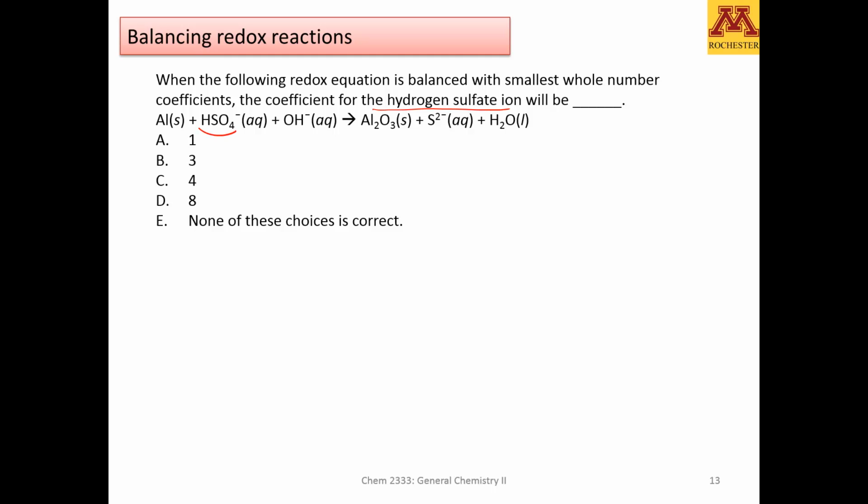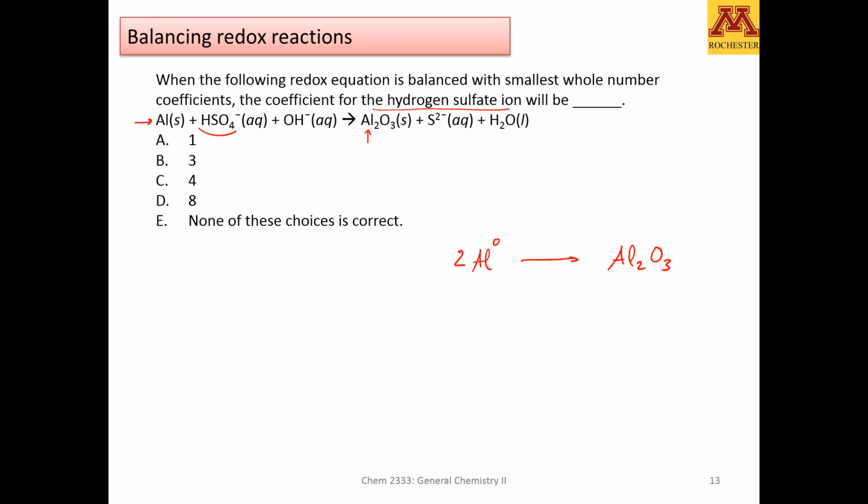So first, let's identify what is the reducing half reaction and what is the oxidizing half reaction. You see aluminum 0 becoming aluminum plus. That has to be an oxidation. And if there's a 2 in here, it's an ionic compound, but you cannot split this one in half because you will never see oxygen 2 negative in solution. So you need 2 in here, okay?